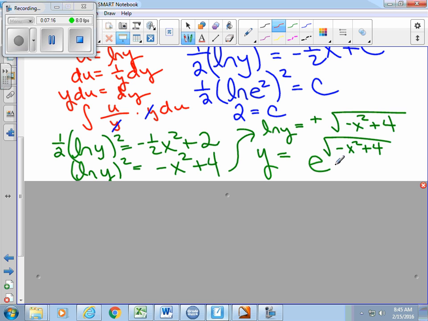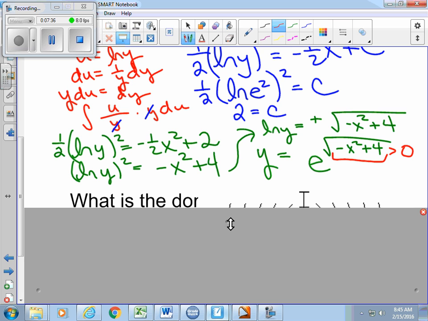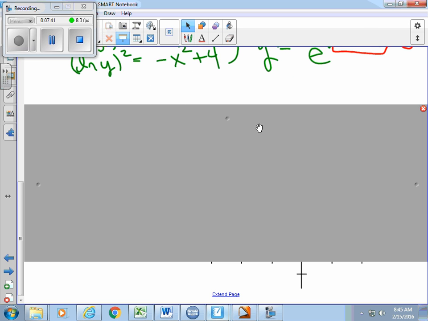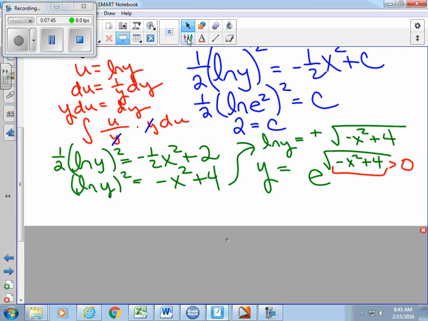So it's not that much more difficult. I just need to make sure the inside of this is greater than 0. Normally I would say greater than or equal to, but because of the natural log being 1, I'm going to say just greater than 0. It is a quadratic. I can factor it if I want to. You can do a sign chart, you can do whatever you want to do. What would make that greater than 0?